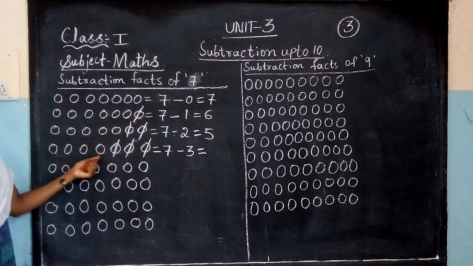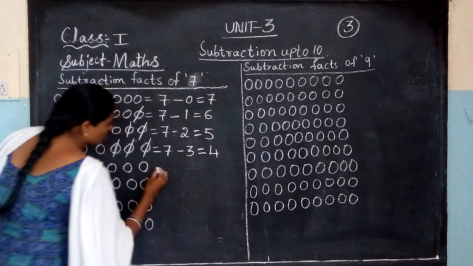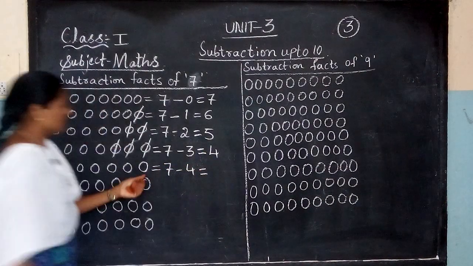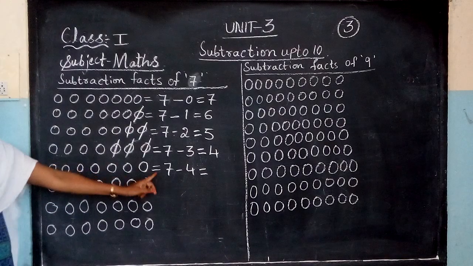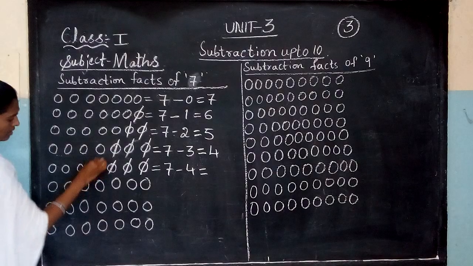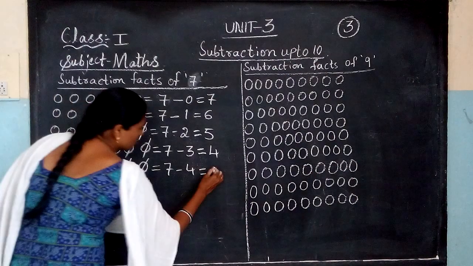Remaining count: 1, 2, 3, 4. 7 minus 4. Total how many? 7. From 7 if you take away 4, cut off 1, 2, 3, 4. Remaining ones: 1, 2, 3.